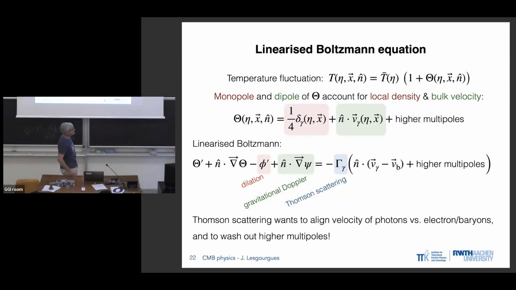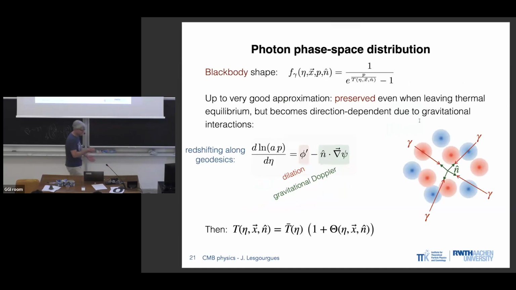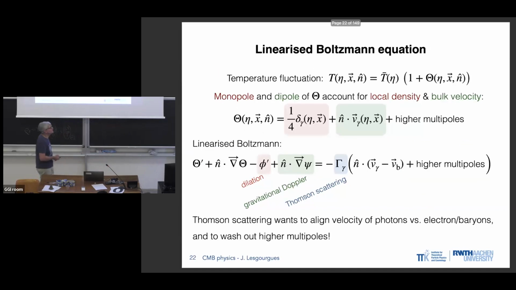So this dipole term is in fact just given by the peculiar velocity of the photon with respect to the coordinate frame. If the photons have 0 velocity in the coordinate frame, there is no dipole. The higher multipoles can appear because our photons have decoupled. So for the reason that we mentioned before, each photon has its own history and can develop its own temperature. And so in general, you would expect to see a very complicated structure of higher multipoles if you were an observer.